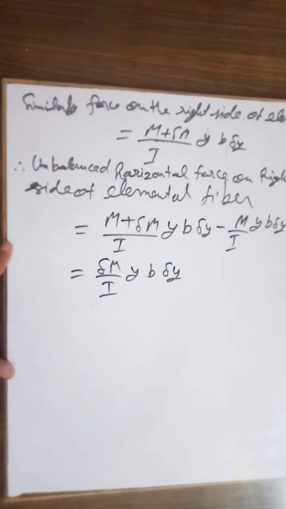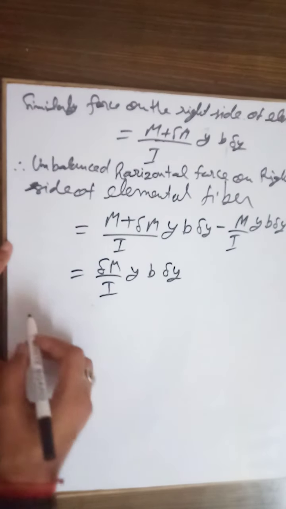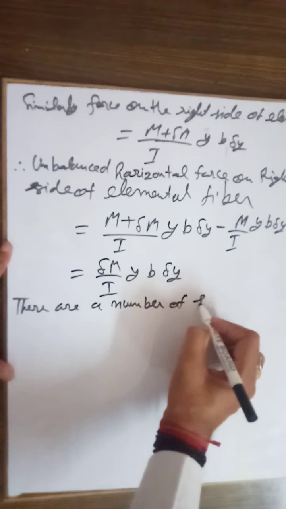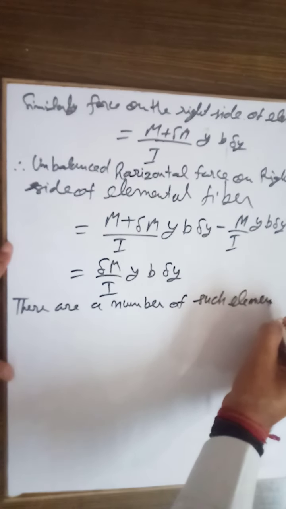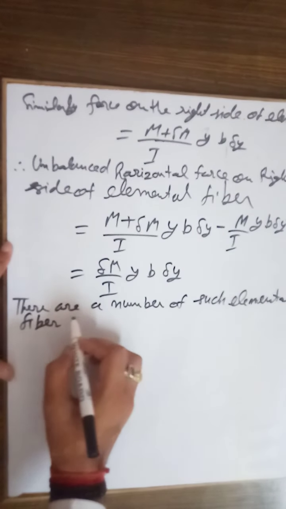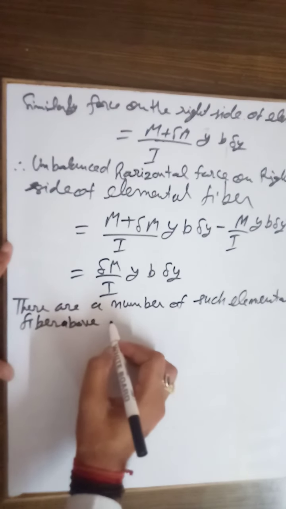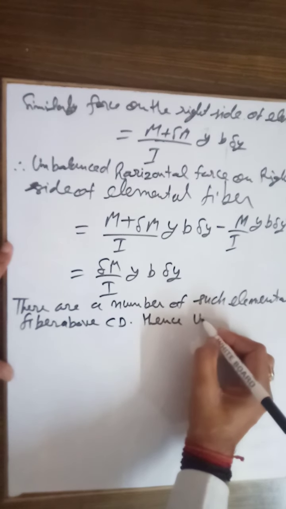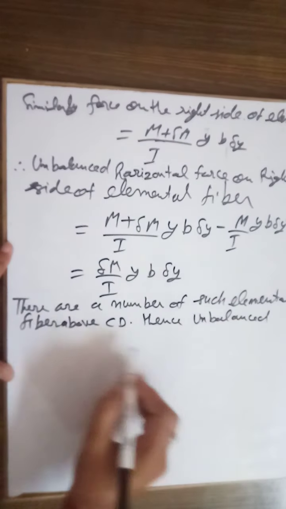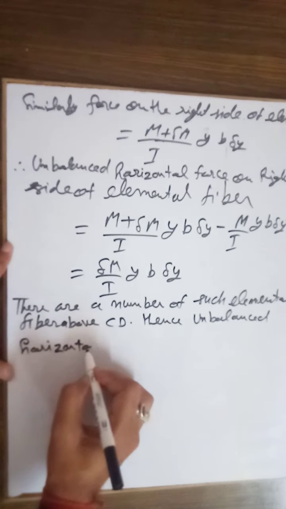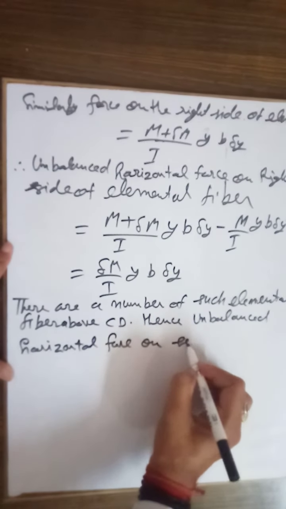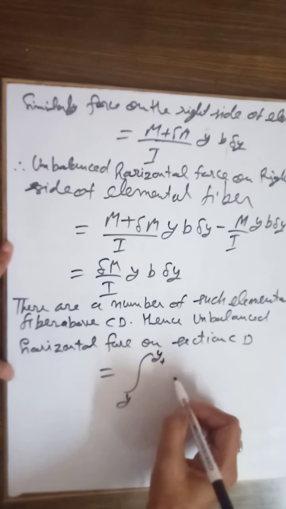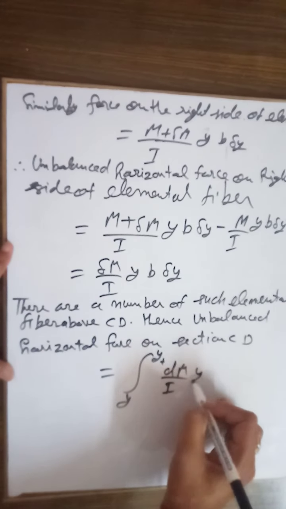Hence the unbalanced horizontal force on section CD can be written as the integration from y to yt of del M by I Y B del y.